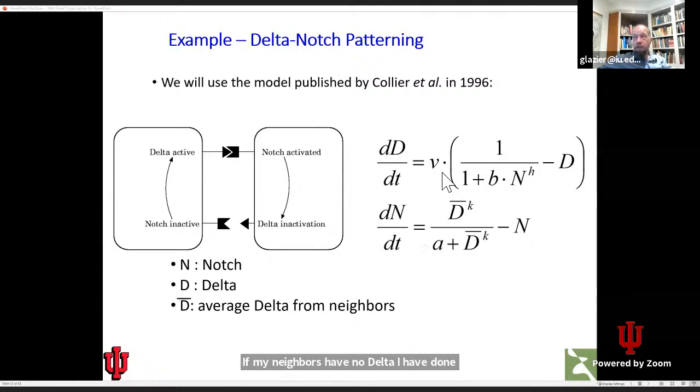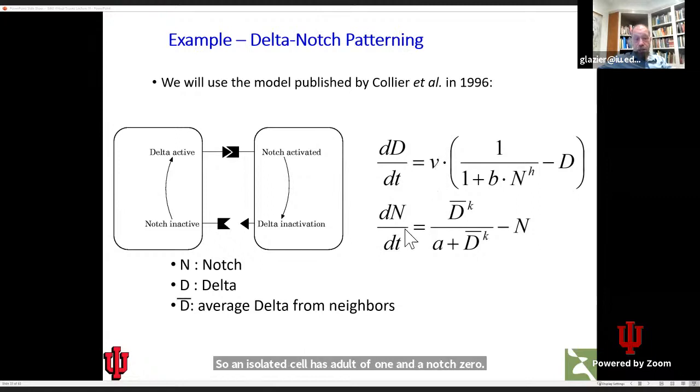If I have no notch, this term is 0. My delta production is maximal, and my amount of delta will go to 1. So if I have a cell by itself, I have no delta signal coming in, my notch goes to 0. If my notch goes to 0, my delta goes to 1. So an isolated cell has a delta of 1 and a notch of 0.